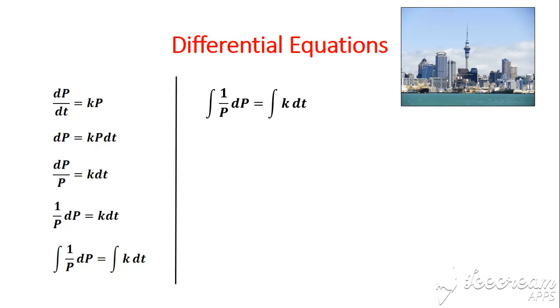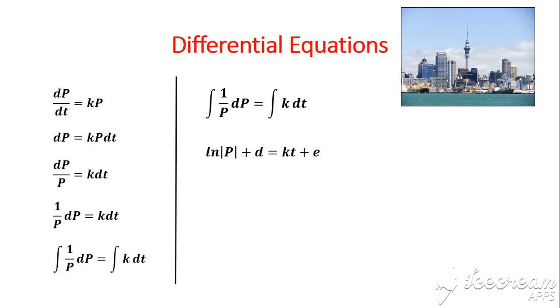Right, I'm just going to write this up here so we can carry on our working in the next line. Okay, when we integrate the left-hand side with respect to p, we're going to end up with the natural log of p. 1 over p integrates to natural log of p, plus our constant d. When we integrate the right-hand side, k is just a number, and we're integrating it with respect to t.